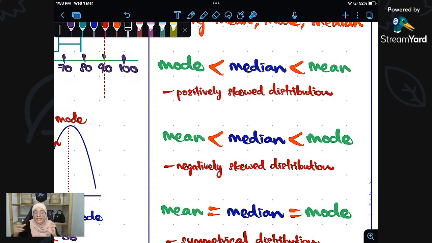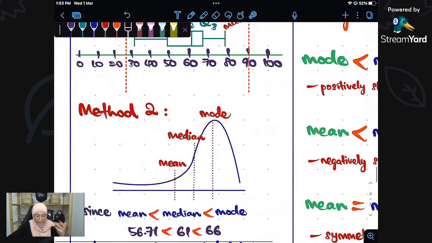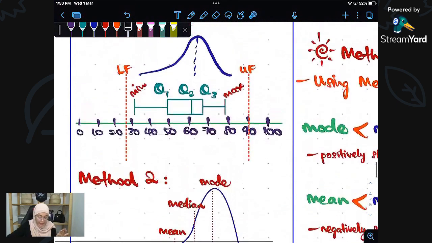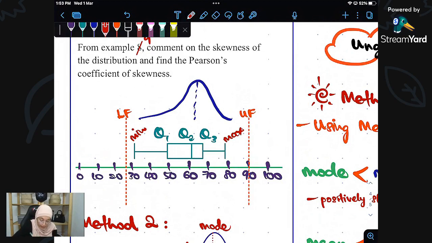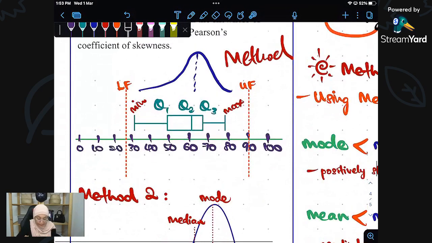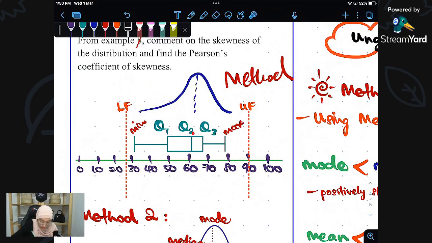So kita ada pelbagai jenis data lah kan untuk ditunjukkan kepada klien, to the customer, you know, if you are workers, you nak tunjuk kepada colleagues, how is this data, macam mana konklusi kepada data tersebut. So inilah caranya. So basically, here is the method 2 where you already found your Q1, Q2, Q3, and so on. All of this is from the box and whisker thing. If you can see here, kalau you lukiskan tengah-tengah ni, of course, it will always be the median.